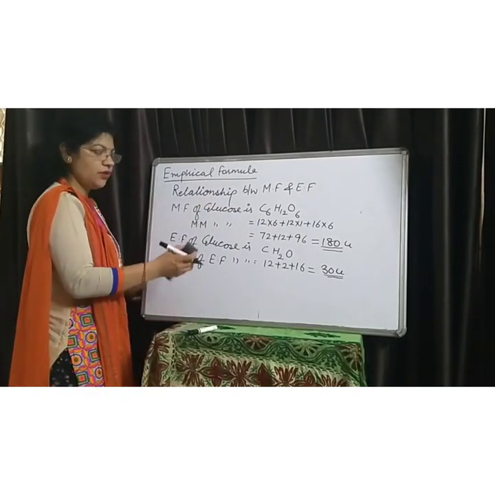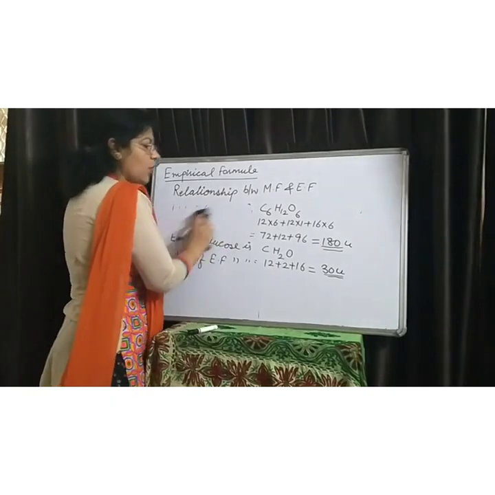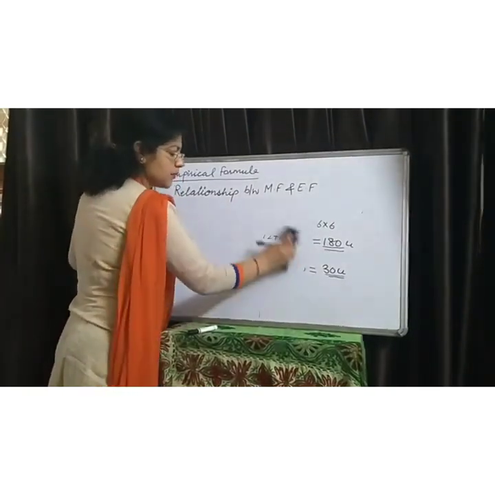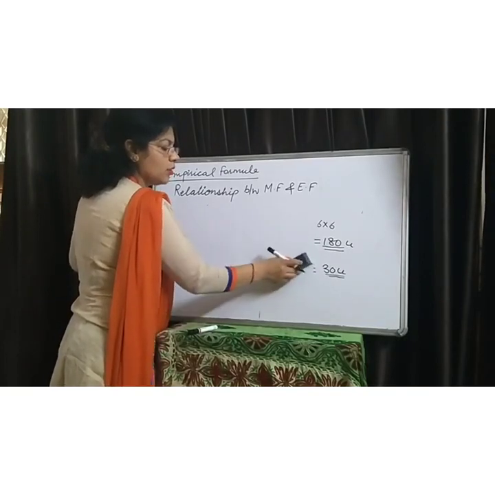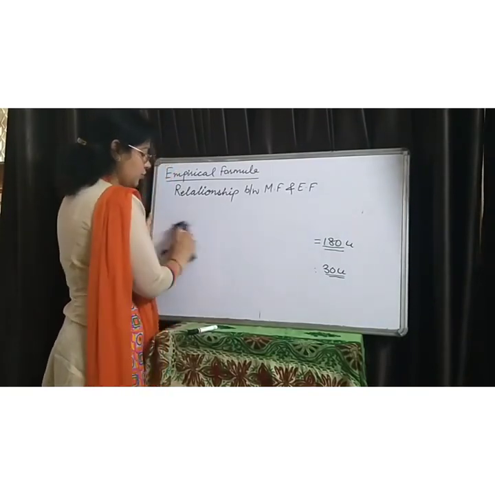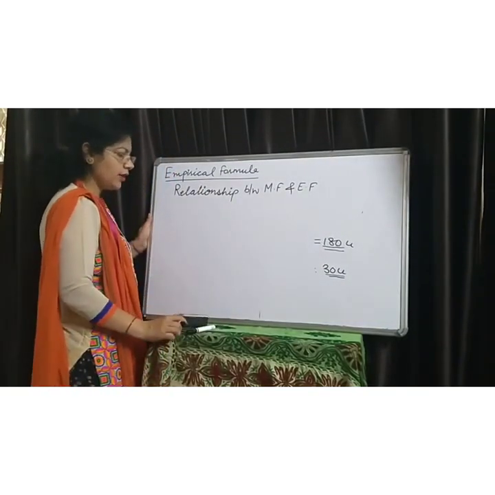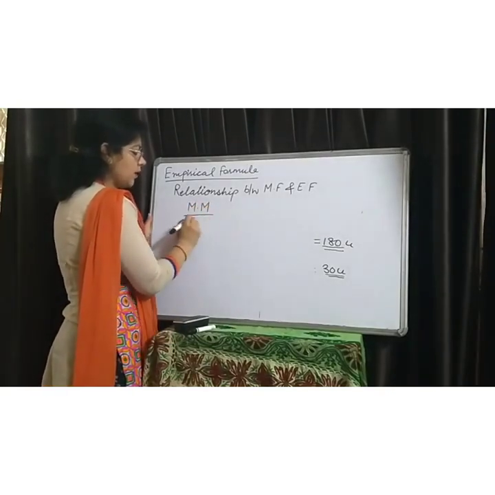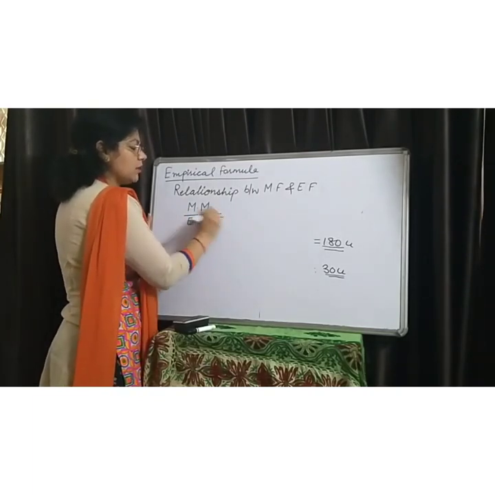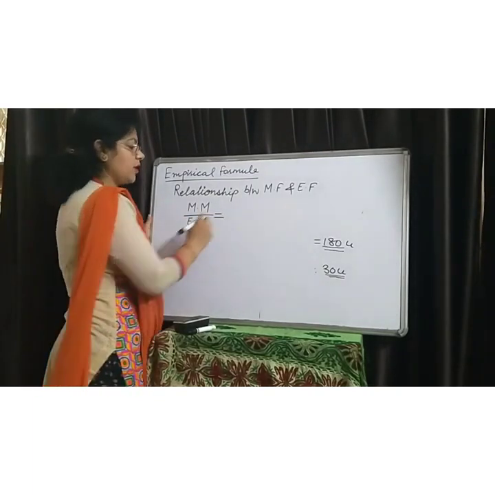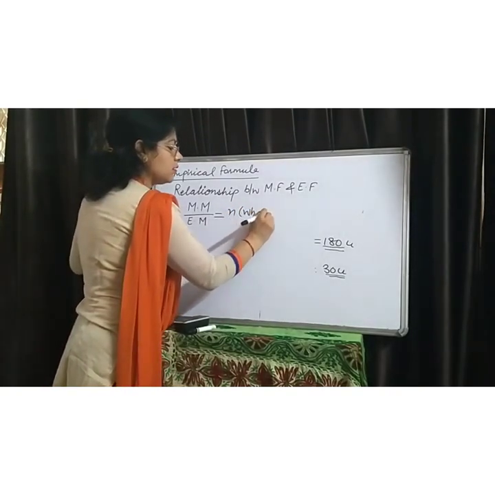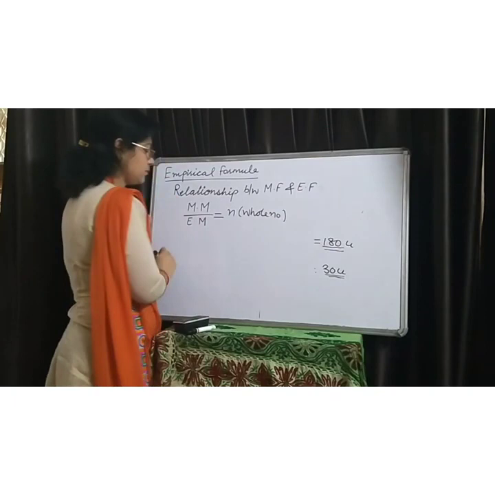If we divide the molecular mass by the empirical mass of the compound, it always comes out to be a whole number n.